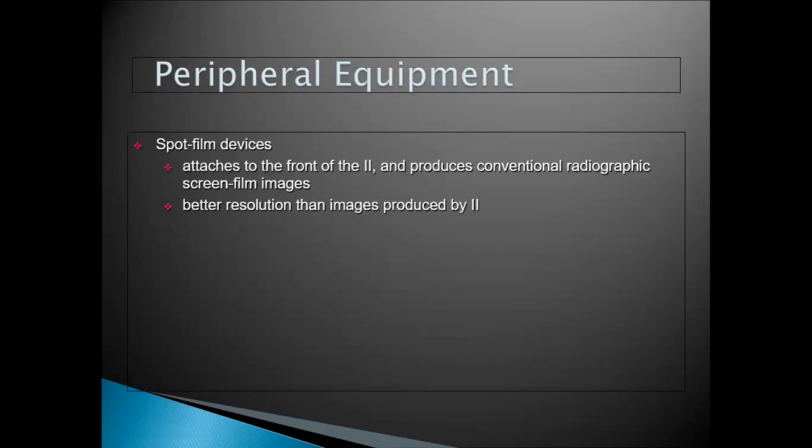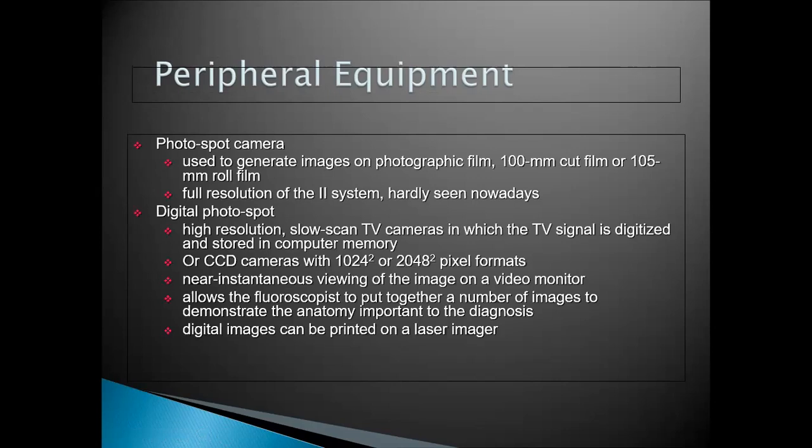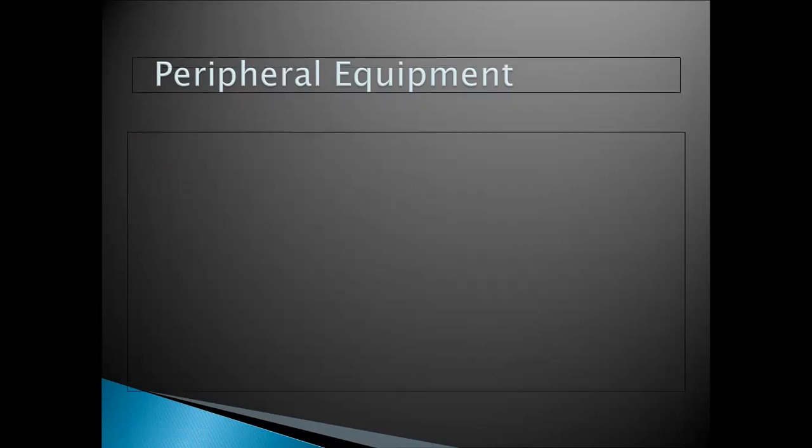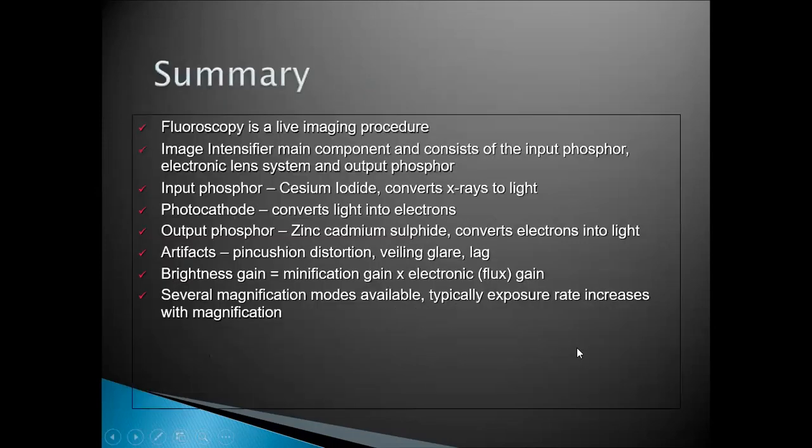Then the other one is a spot film. In the first two we have looked at, the photospot camera and the digital photospot camera, the image is formed after interacting with the image intensifier. Let's maybe go back to the imaging chain.